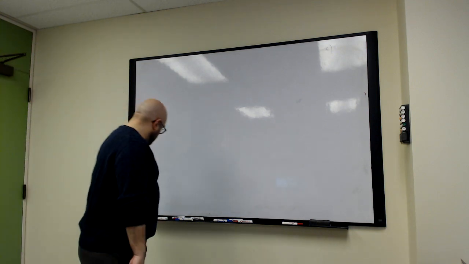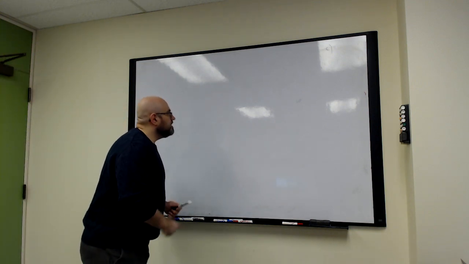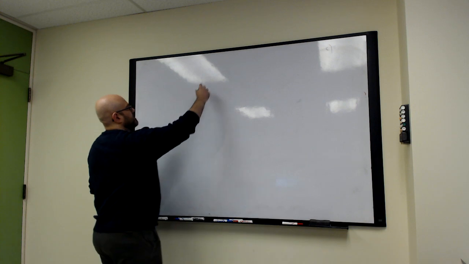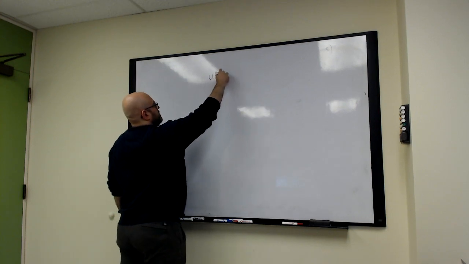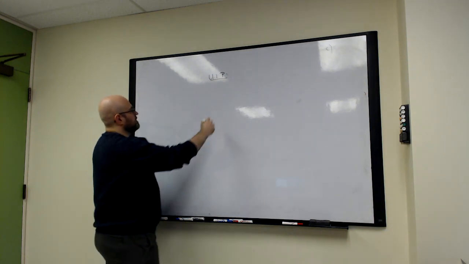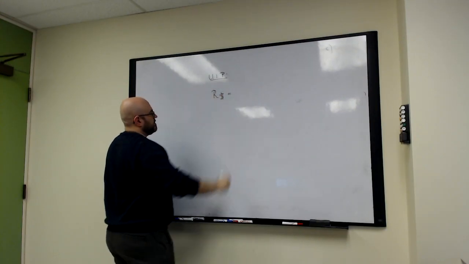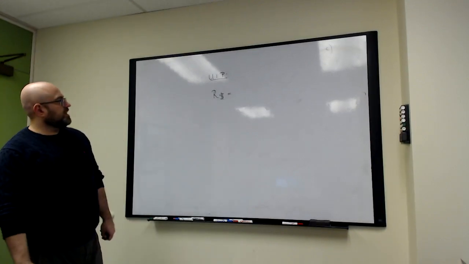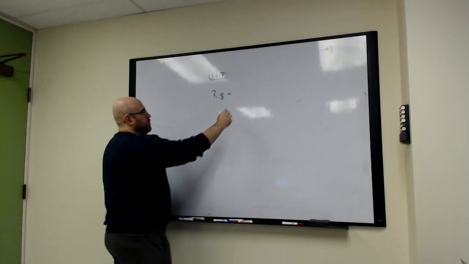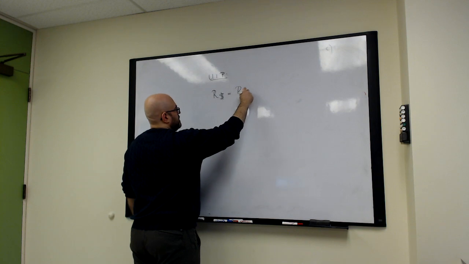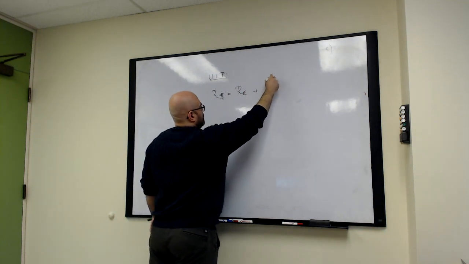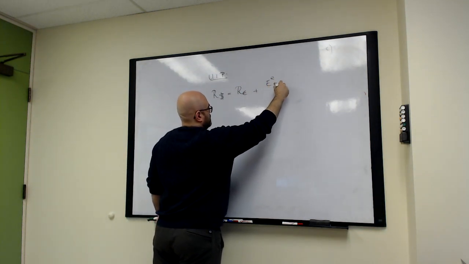Welcome back. Let's review the uncovered interest rate parity condition. It says that the dollar return to a dollar deposit has to be the same as the dollar return to a euro deposit.